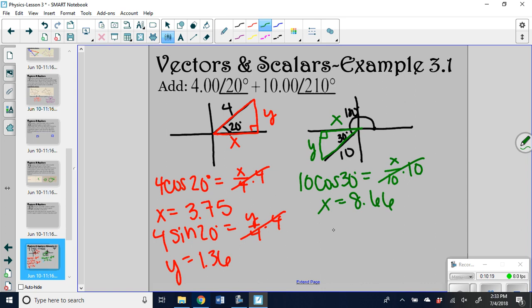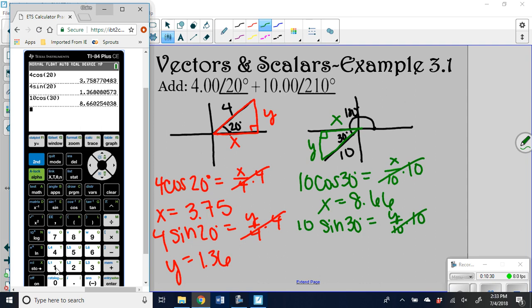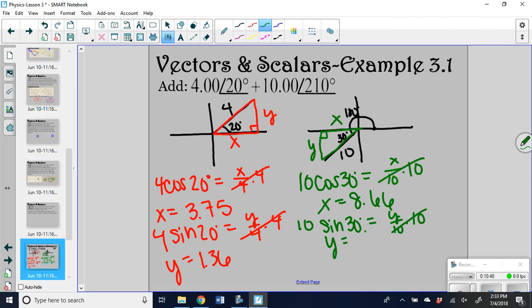And then to find y, you're going to do sine of 30 equals y over 10. And you're going to plug that into your calculator. And you'll get 5. Okay, so that's the first thing that you do.